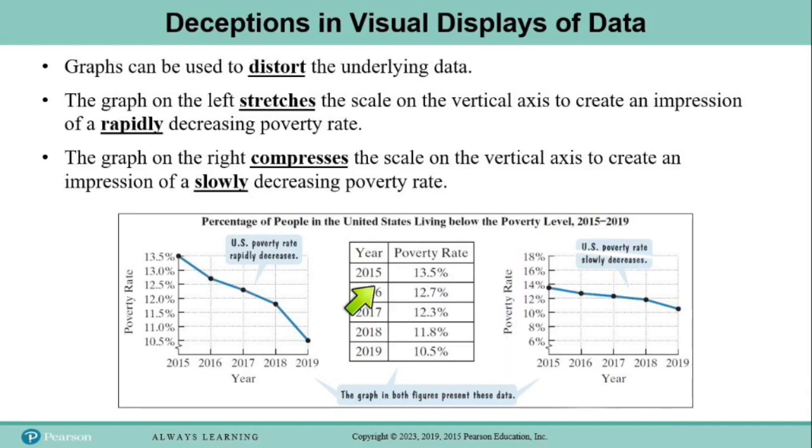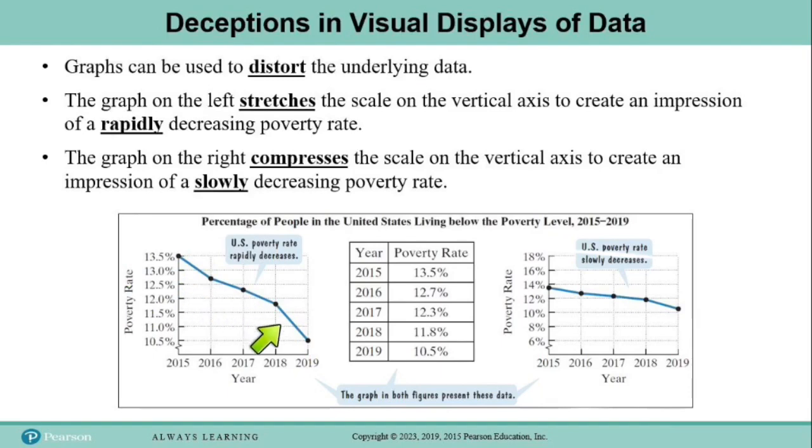So I'm not really saying that one of these is right and one of these is wrong, but I am saying that if you stretch out the vertical axis, it makes it look like the poverty rate is rapidly decreasing. If you compress it, it looks like it's slowly decreasing. And so you as a reader need to be aware of what's happening with the vertical axis so that you're not tricked.